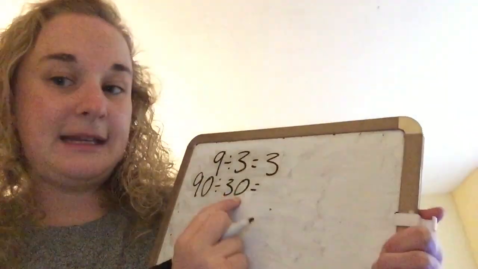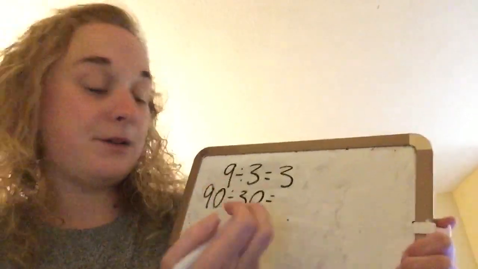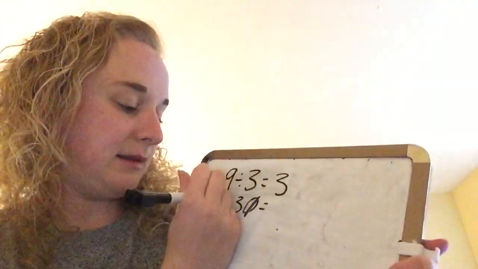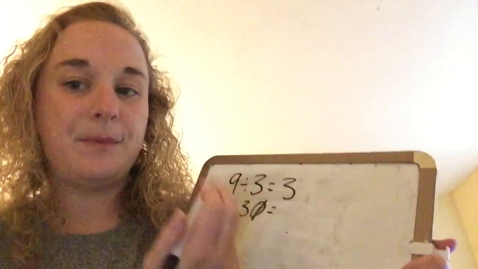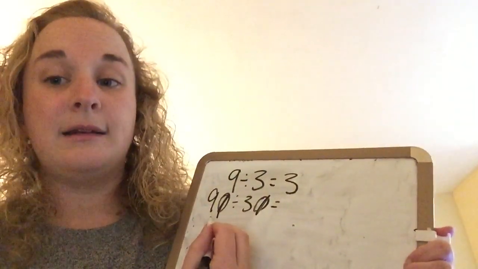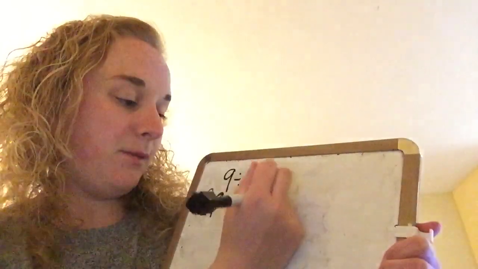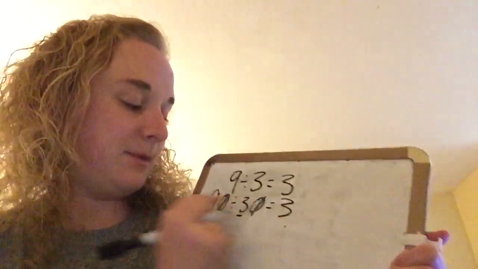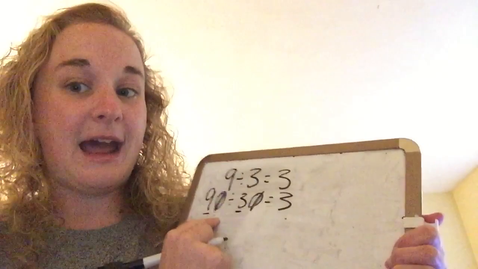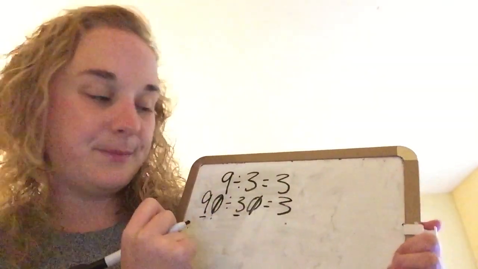I have a 10 here. I have a 10 here. So I'm going to cross out these zeros, cancel them out. And now I'm just going to do 9 divided by 3, which is 3. If I do 30 times 3, that's going to get me to 90. 90 divided by 30 equals 3.